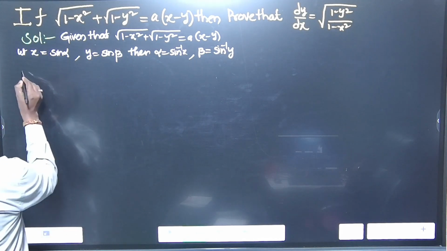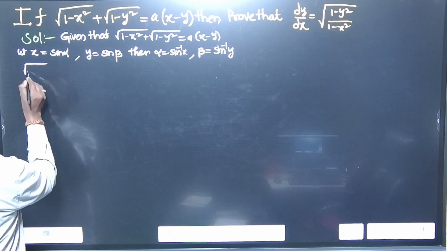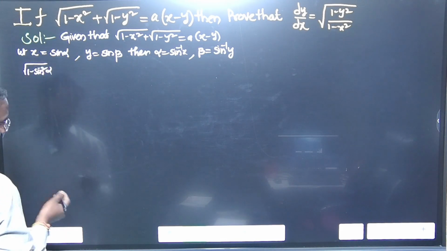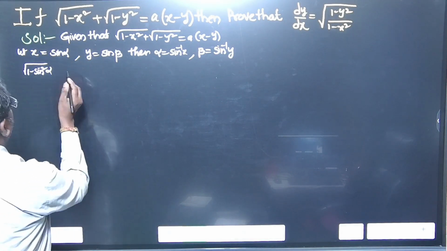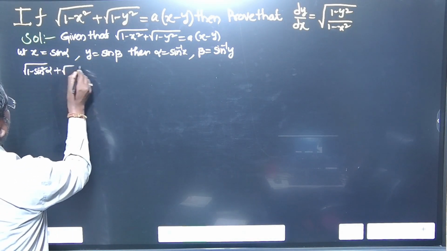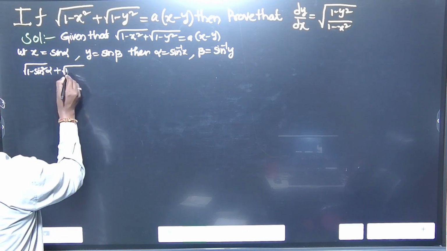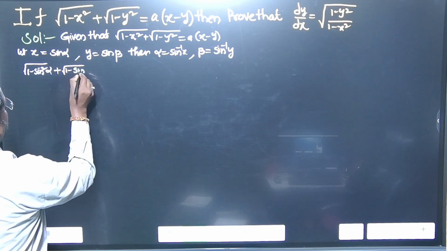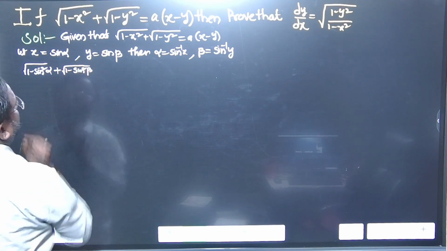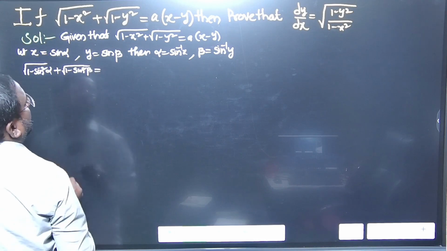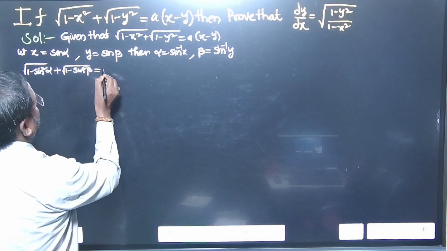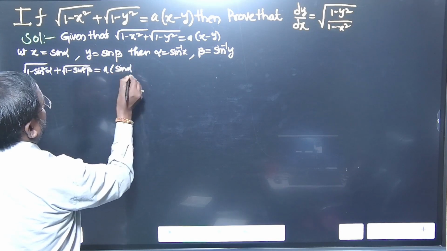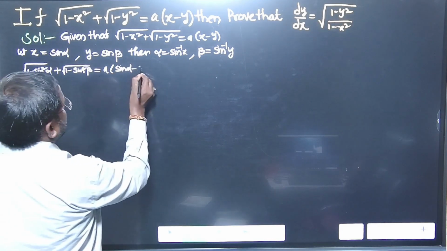We get in the next step root over 1 minus sin square alpha plus root over 1 minus sin square beta is equal to, again substituting on the right side also, a of x, meaning sin alpha, minus y, meaning sin beta.